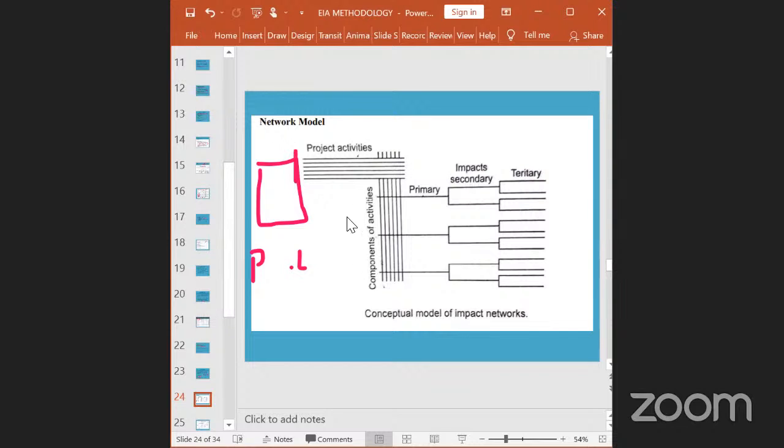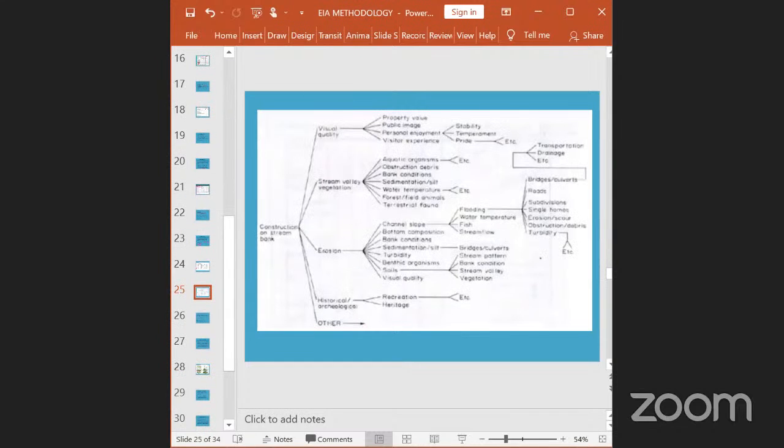So the idea is to start with a project activity and identify the types of impacts which would initially occur, right? Then select each impact and identify the impacts which may be induced as a result.